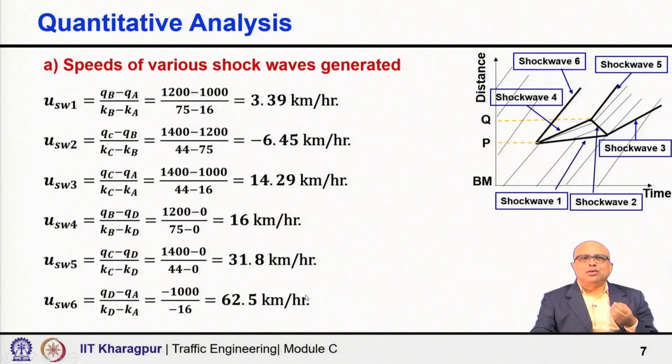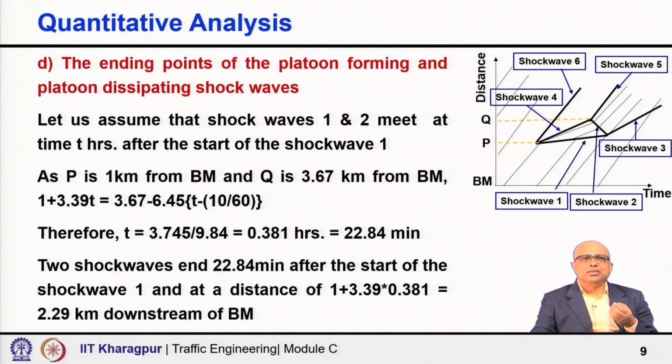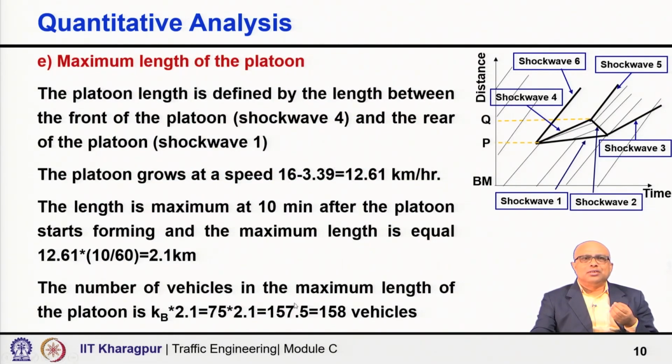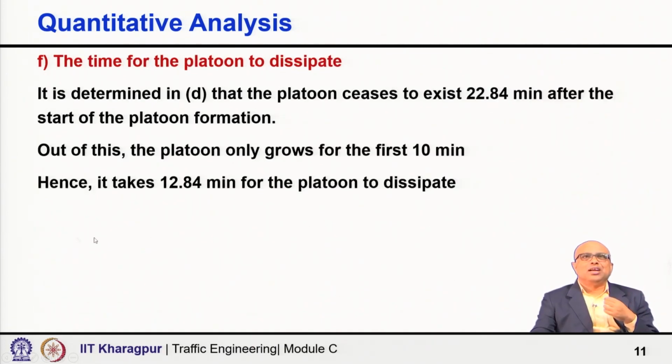So, with that density, 75 into 2.1, there will be about 158 vehicles. That will be the maximum length of the platoon, and that many vehicles will be there. So, 2.1 kilometer length including about 158 vehicles.